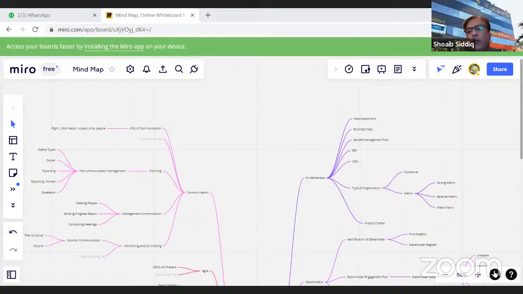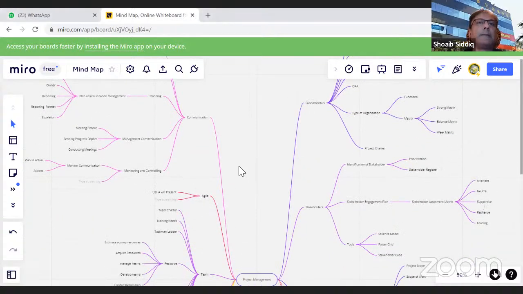Then there is efficient communication, efficient format, and the right audience. This is the communication part at a high level, because we have only 15 minutes, so we need to go to the next level as well.